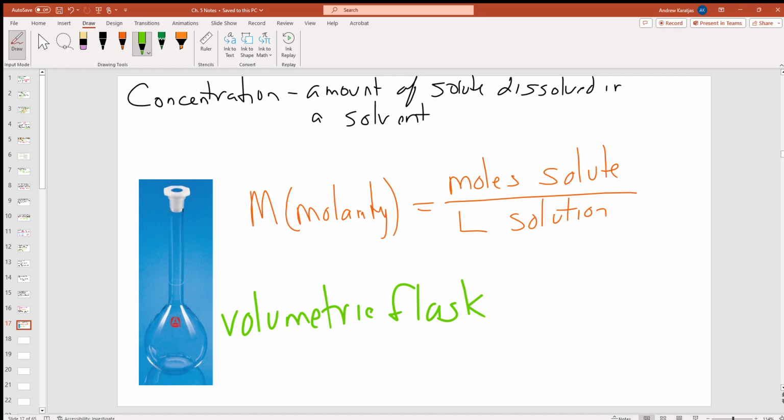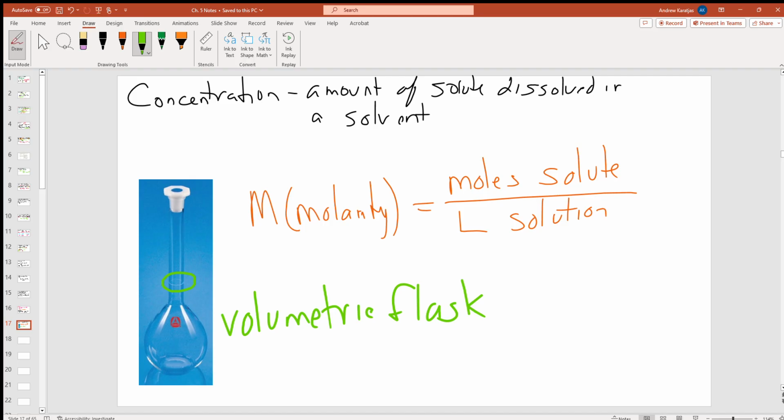You can see in this picture, there's just this one line right here. And so whatever volume that volumetric flask is, they come in standard sizes. That's the only volume you can use to measure. But you know that if you filled it to that line, that your measurement is going to be extremely accurate. That measurement is a lot more accurate than a graduated cylinder or an Erlenmeyer flask or a beaker.